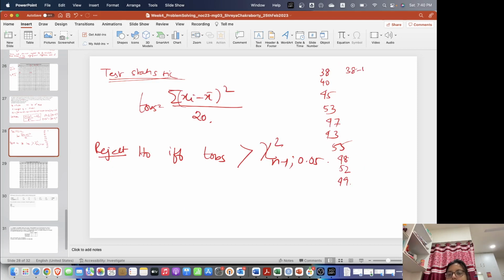So 38 minus 47, 40 minus 47, all these things we'll compute. Then we'll square them up, and the sum of these squares would give us summation xi minus x bar whole square. So finally this would come out as something around 280 if you do the calculation. We can do it also. Let's see it come out.